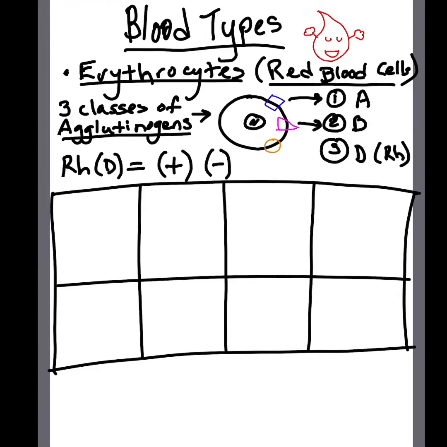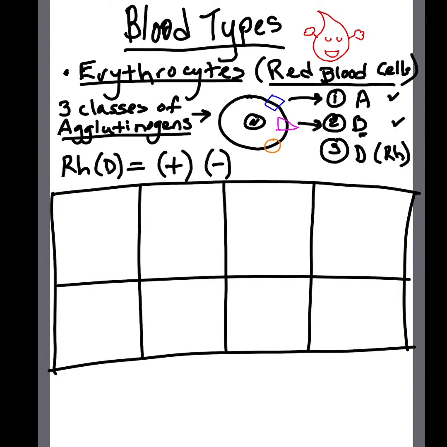So in other words, agglutinin D or RH factor is only present if the person is sensitized to these actual agglutinogen D. The same goes for these other agglutinogens, A and B. If a person has A on its cell membrane, it means it's type A. If it has agglutinogen B, then it's type B. Also, there's a combination of A and B, or none of the above.